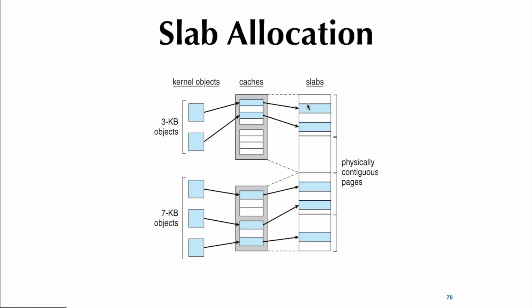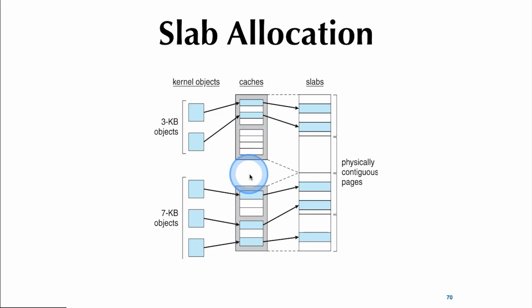A slab should be big enough to fit at least one object, hopefully multiple. But the kernel doesn't go to the slab directly. The cache takes care of which slabs to track, and the kernel only requests objects from the cache. They may be on different slabs, but that's okay.